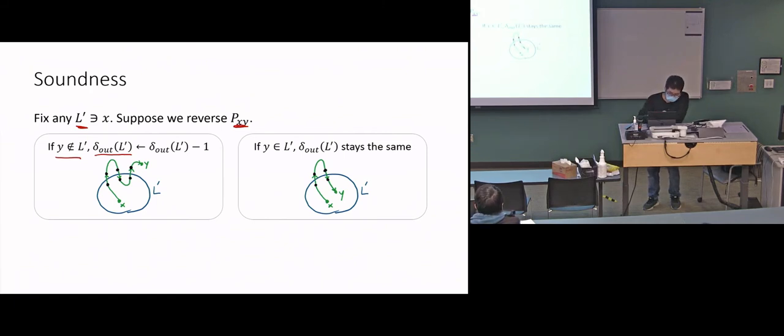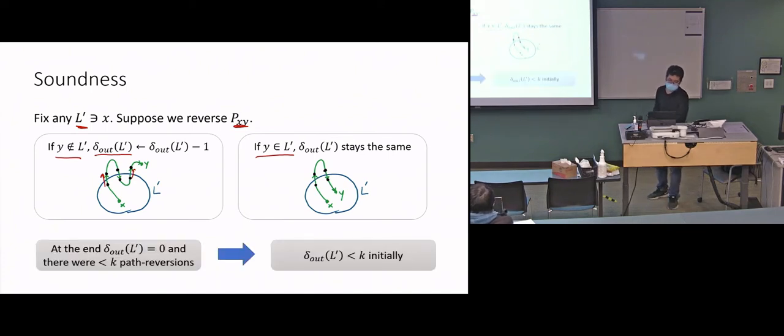Just because, even if you cross this cut many times, the number of times that you go out of the cut will be 1 more than the number of times that you go in. So when you flip, the cut size is reduced by 1. And if y is inside L prime, then the cut size stays the same.